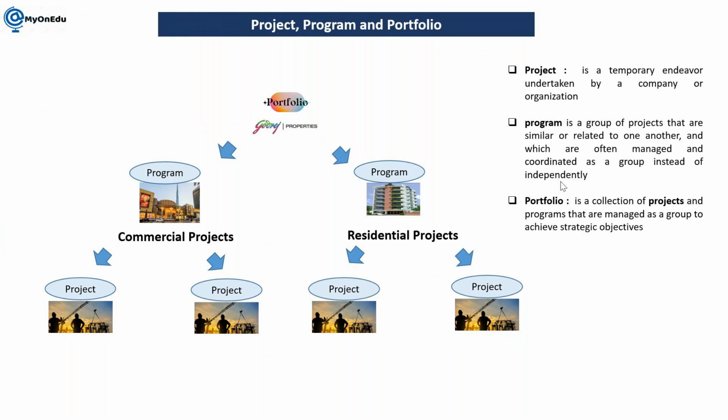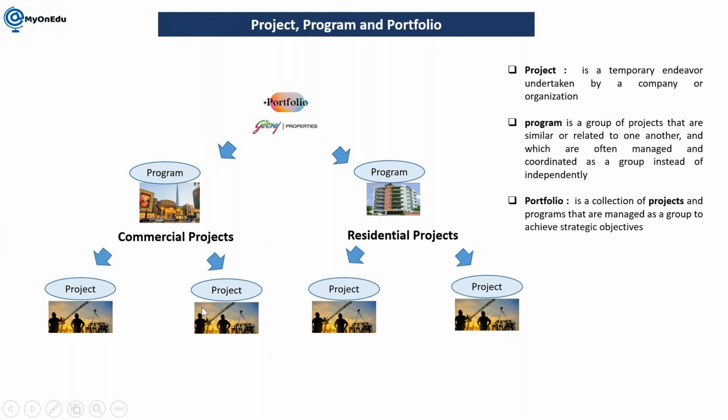So first is the portfolio, which has programs, and under programs we will have projects. If you see this, Godrej Properties is a portfolio, that is a real estate portfolio, which again has programs.